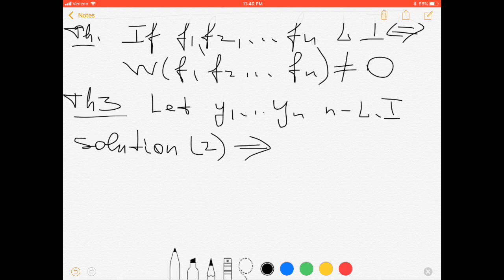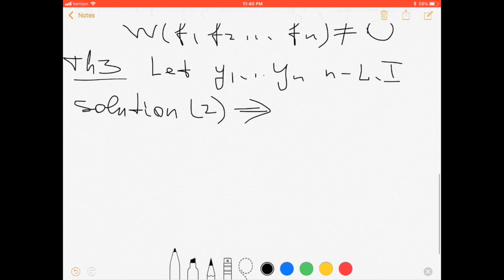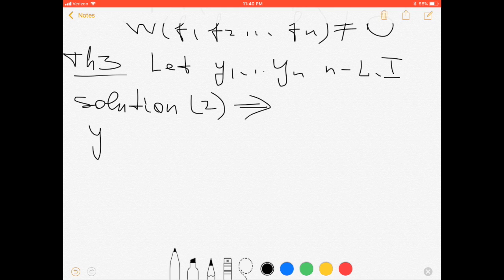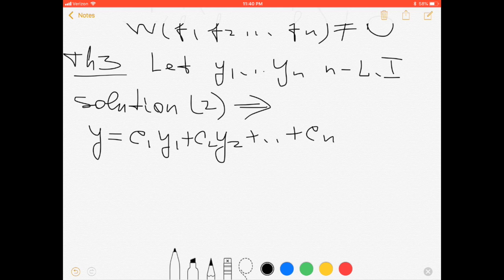Then a linear combination of these solutions will be not only a solution, as we have in theorem 1, it will be the general solution.